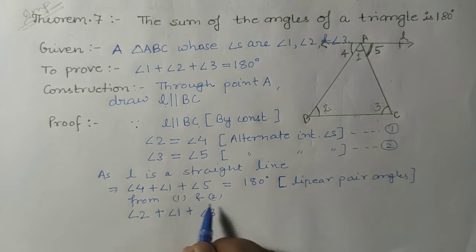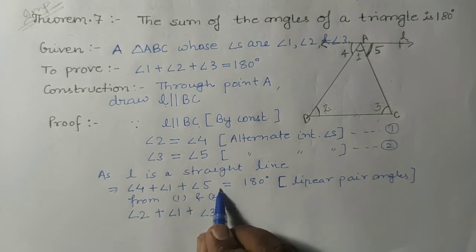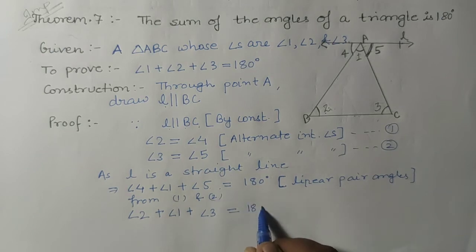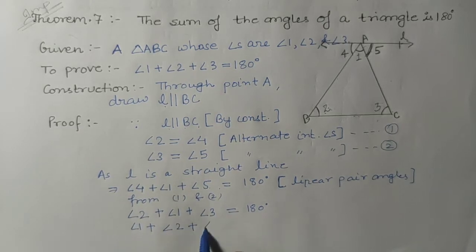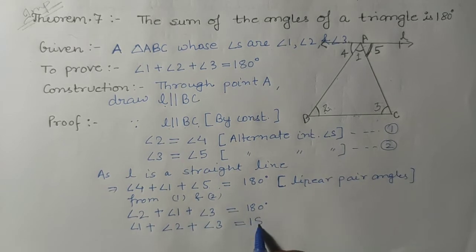So from equation 1 and 2 we can write this statement like this. Now see, if we arrange it, it will be angle 1 plus angle 2 plus angle 3 is equal to 180 degrees. This is what was to be proved, angle 1 plus angle 2 plus angle 3 is 180 degrees.